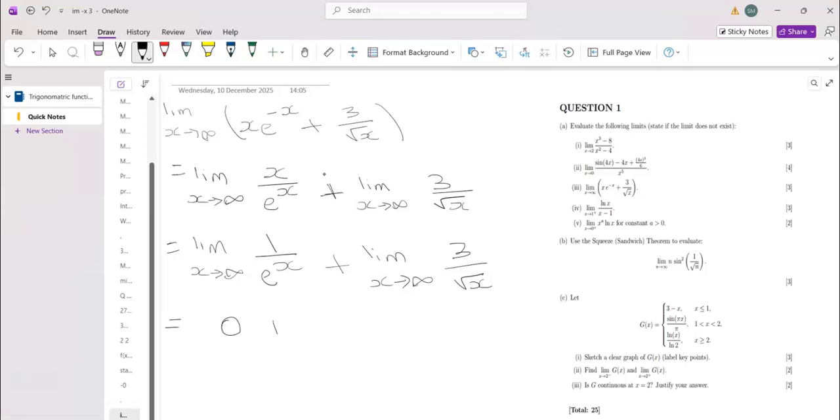So it's going to be 0 plus the same here: 3 divided by the square root of a very large number is also going to be 0, so our limit is just going to be 0. Okay, very simple.